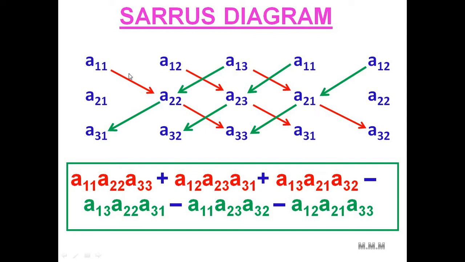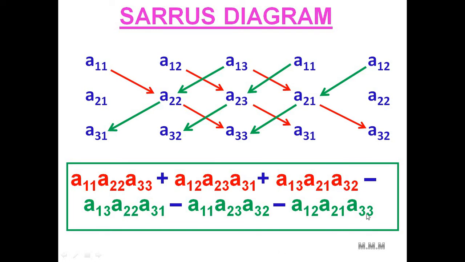Column 1 and column 2 are written again here, and the red signs are given here, all red arrow marks, can be written as positive. Here A11, A22, A33 is positive, positive, positive, and all these three greens will be written as negative.